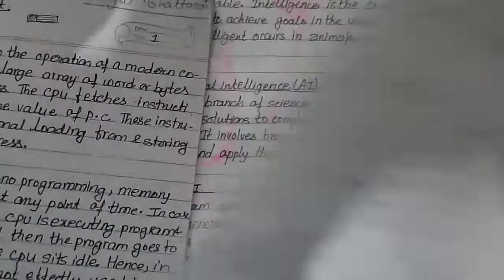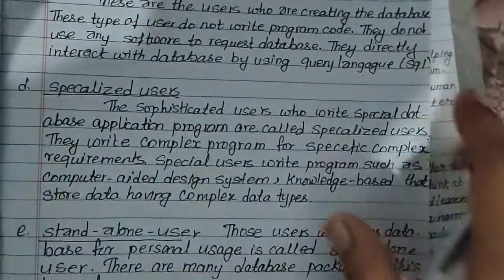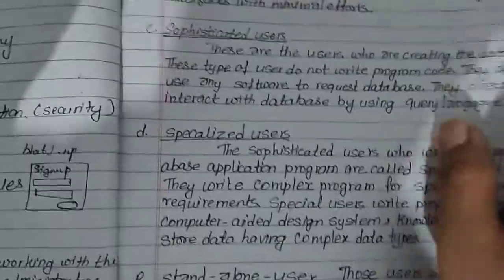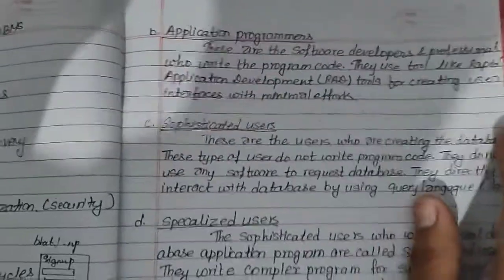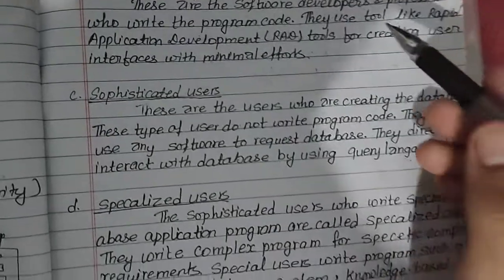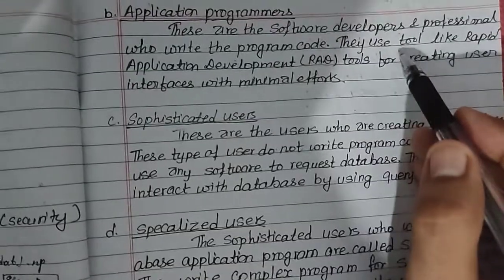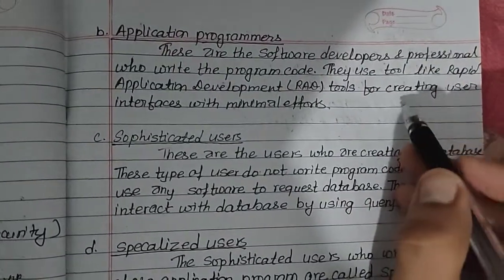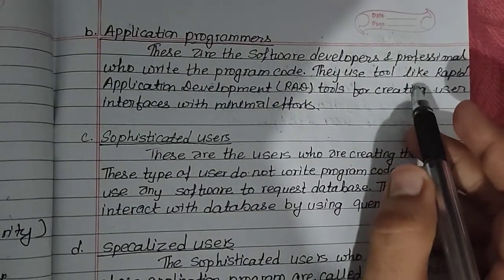And here is who the application programmers are. Application programmers are the software developers who write the program code. They use tools like rapid application development (RAD) tools for creating the interface with minimal effort.